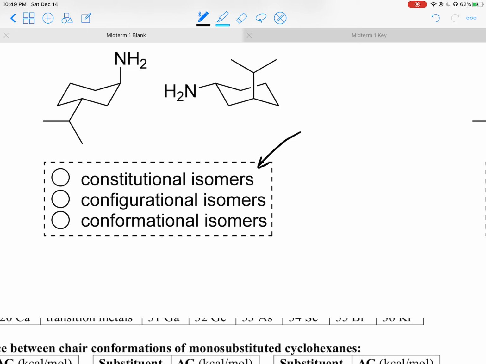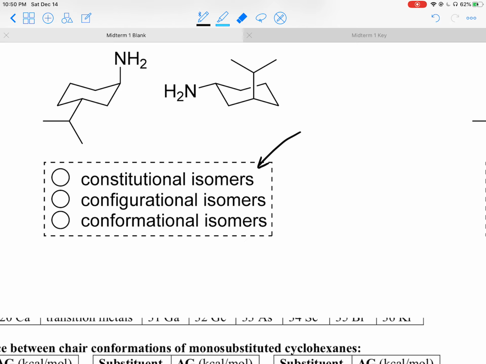There's still the same number of carbons and the same number of oxygens. But it's constitutionally different, like they can be arranged differently. There could be an oxygen connected to a carbon and then connected to another carbon, versus a carbon and an oxygen, or they could be totally different.